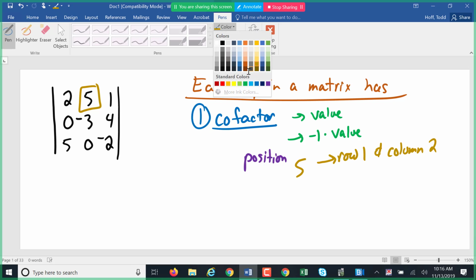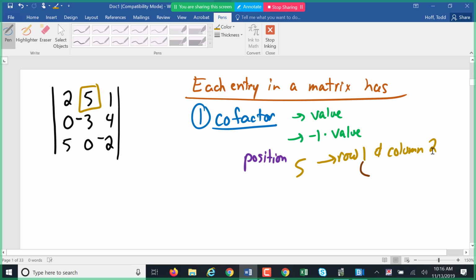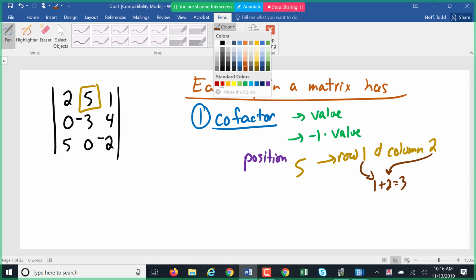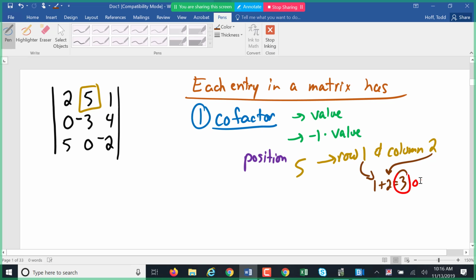I add those two numbers together. 1 plus 2 is a 3. Since that is odd, we do the entry times negative 1. So the cofactor for 5 in this matrix is a negative 5.